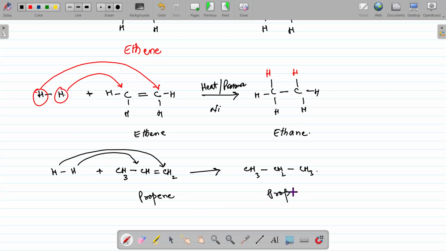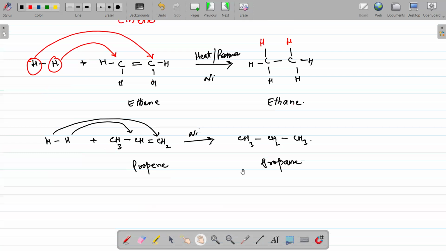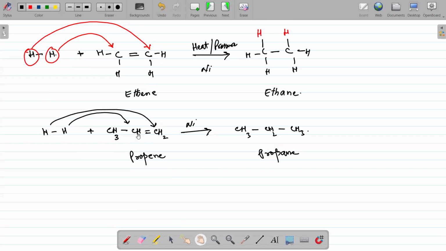So propane. So unsaturated hydrocarbons after addition of hydrogen are converted into saturated hydrocarbons. So remember, same conditions: nickel catalyst, heat and pressure. So the addition of hydrogen to alkenes gives us alkanes.